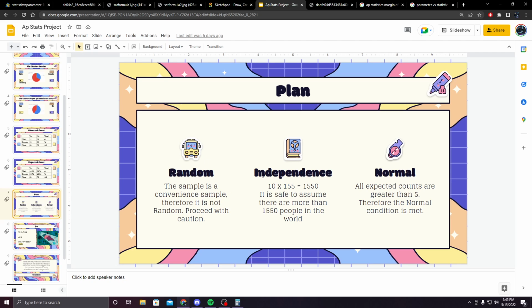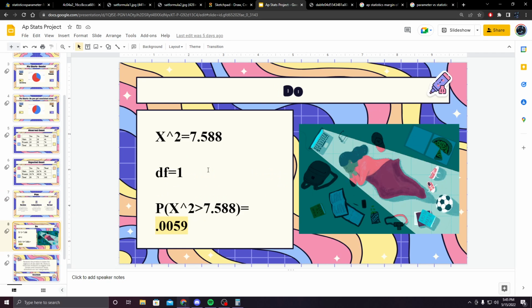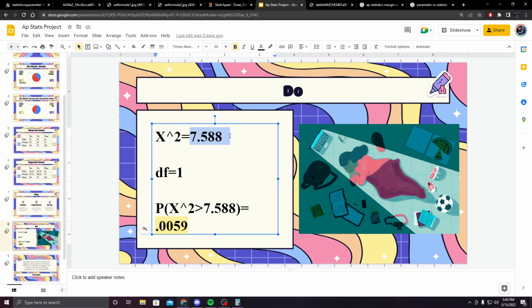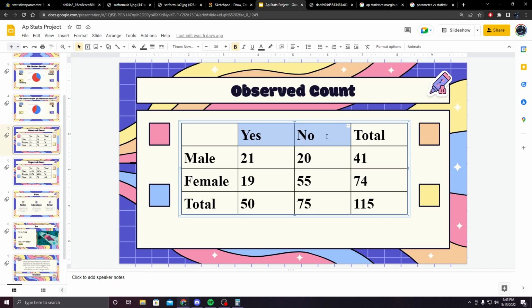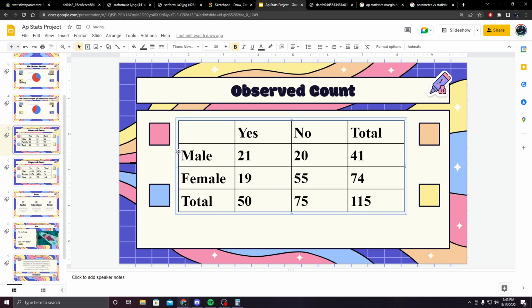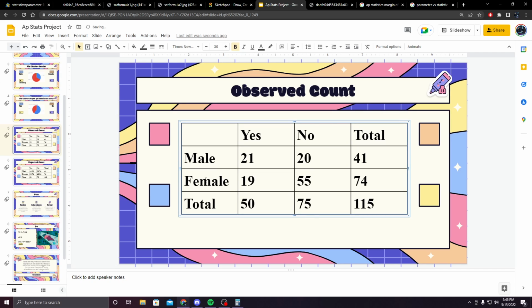The sample is random, it is independent, and all expected counts are greater than 5, therefore the normal condition is met. And then for the do, it gives you the chi-square, which is that, and the degrees of freedom is the number of rows minus 1 times the number of columns minus 1.